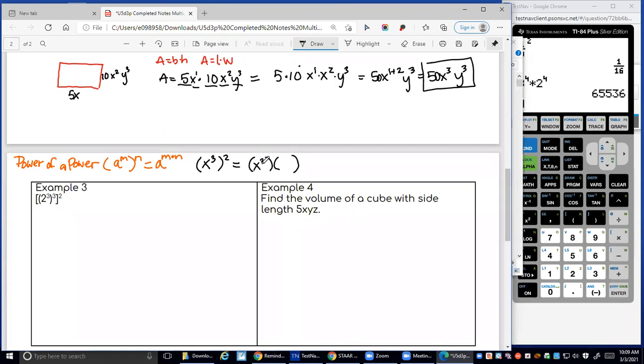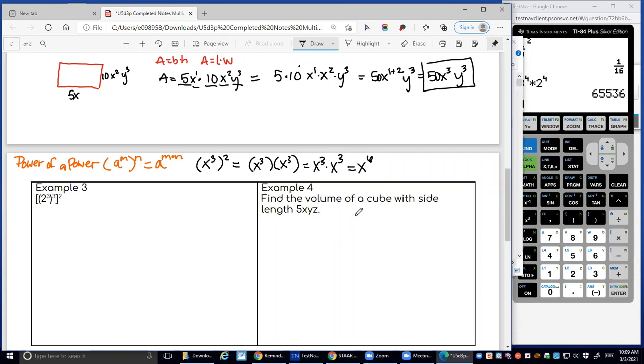And so that's going to be x to the third and then x to the third, right? And so now we basically just have this, which looks a lot like what we did yesterday. Each exponent has its own base, and we just add, and we get x to the power of 6.